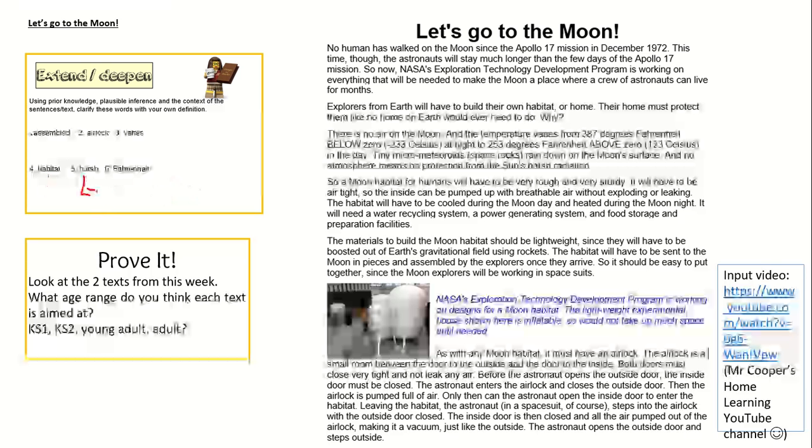If something's harsh, you've probably heard this word. Just trying to skim and find where it is on here. I can't find it right now. But if something's harsh, it means that, here it is: no atmosphere means no protection from the sun's harsh radiation.